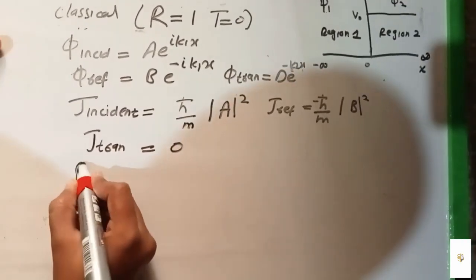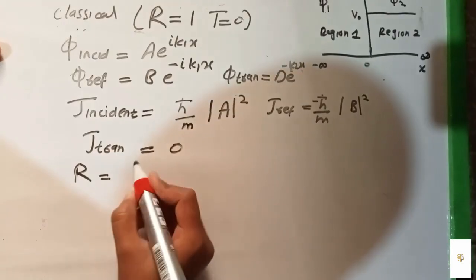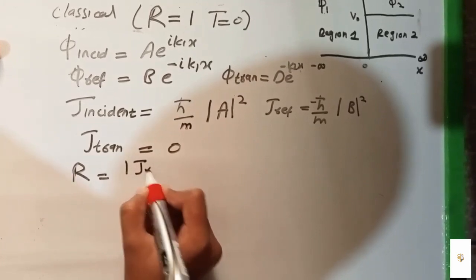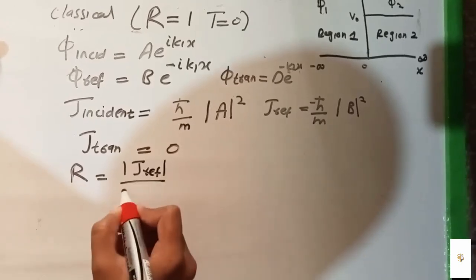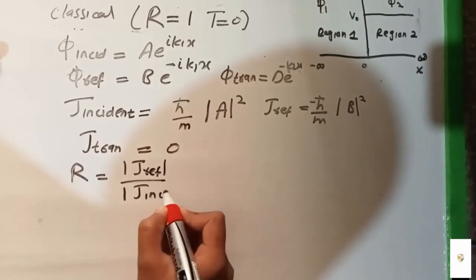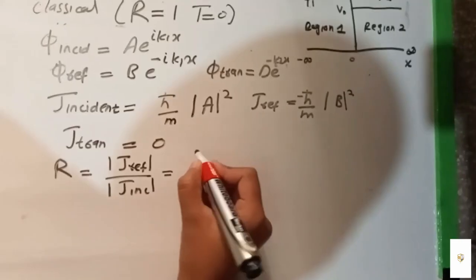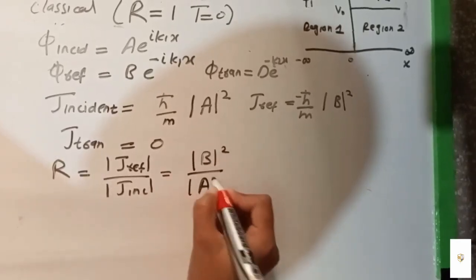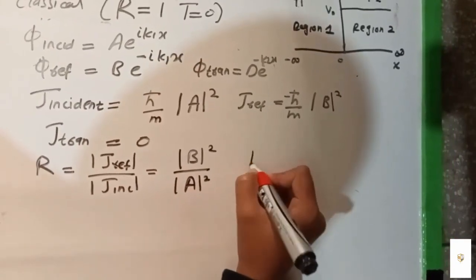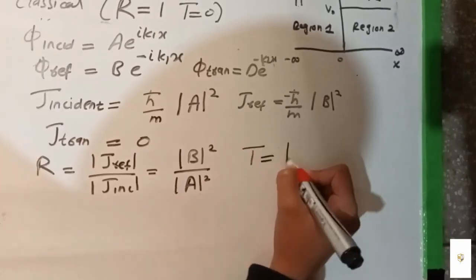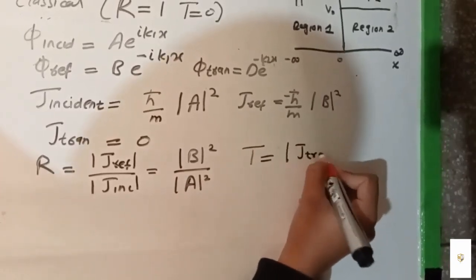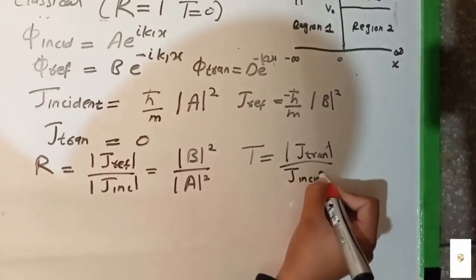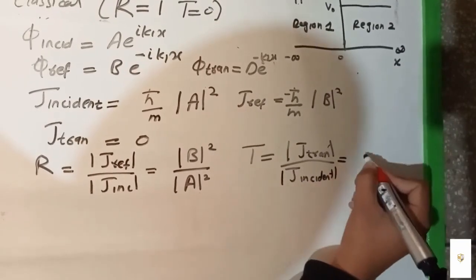So reflection coefficient is equal to modulus of J reflected over modulus of J incident, which is equal to modulus of B square over modulus of A square, and transmission coefficient, which is J transmitted modulus over J incident modulus, is equal to 0.